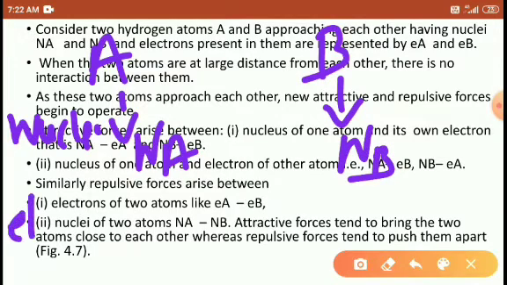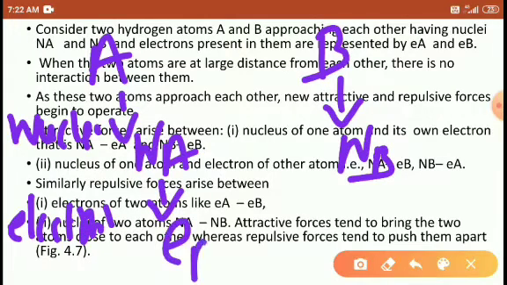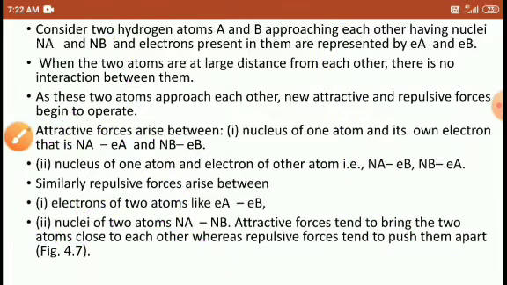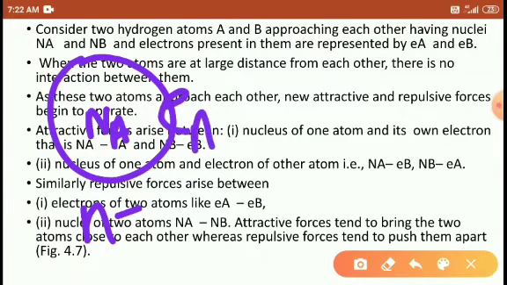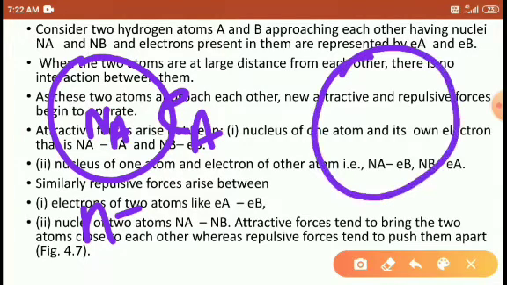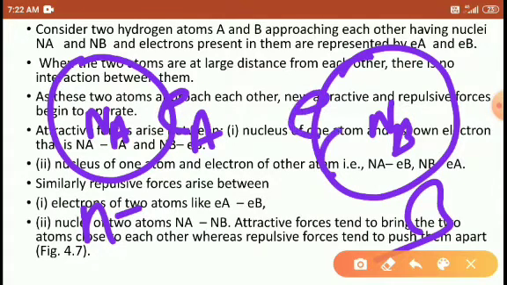A atom's electron is Ea and B's electron is Eb. Or you may do it like this also: A atom contains nucleus Na and electron Ea, and the other is B atom, nucleus Nb, electron Eb, students. Right.